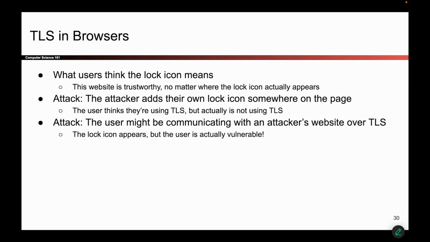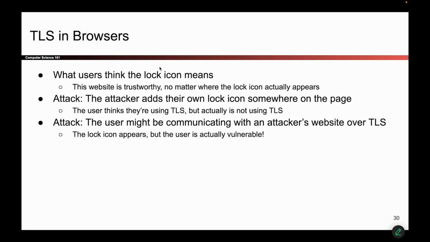But that's not always true. For example, if you visit evil.com using TLS, you see the lock icon, but you're still talking to an attacker. Or even worse, if you visit an attacker's website, they could add their own fake lock icon, and that might trick users into thinking that they're secure, even though they're not.